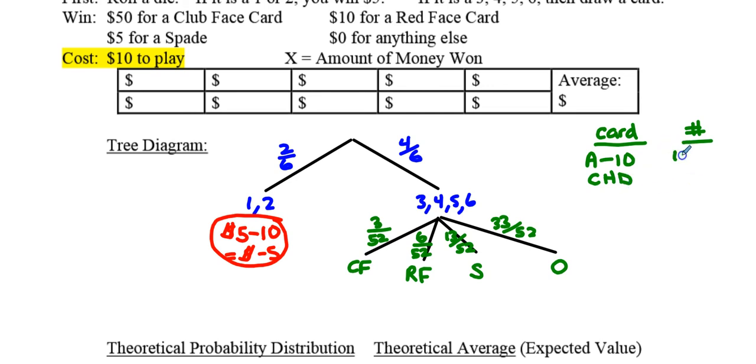So that means there's 10 cards for 3 suits, which is 30 cards left over. Or you can take the 52 cards that you started with, subtract the 3 club face cards, subtract the 6 red face cards, and subtract the 13 spades, and that also gives you 30. So the probability is 30 out of 52.